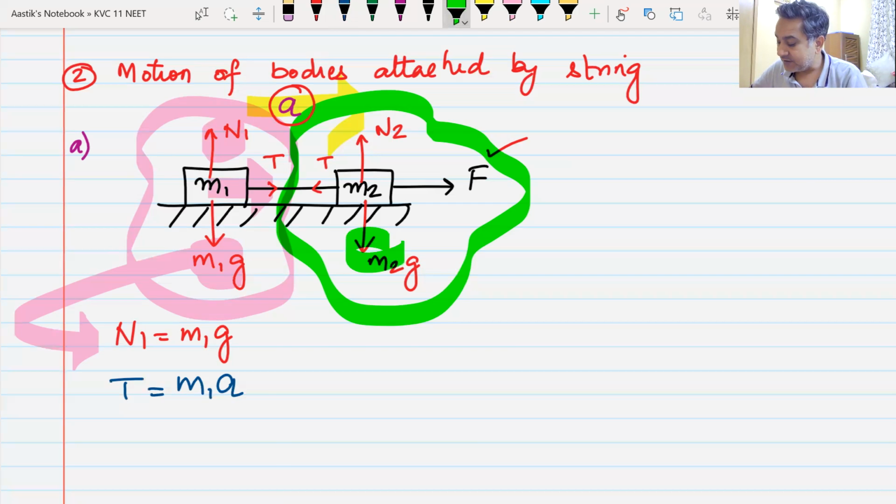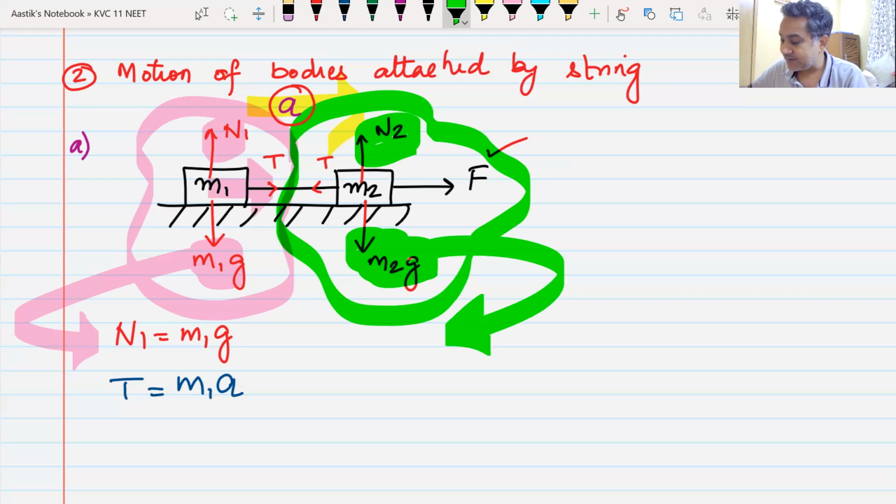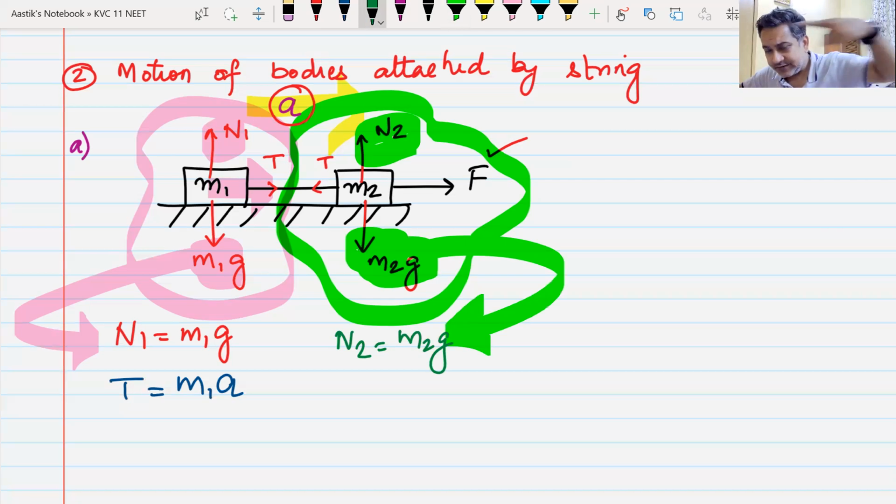Now let us look at the equation for this block. It is not moving along y-axis. So I get the first answer. N2 will be equal to M2G. Do we understand this? Then I look, it has got a forward force F and it has got a backward force T and it is moving ahead.